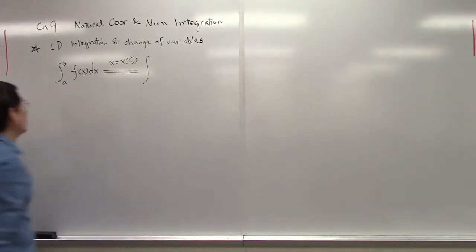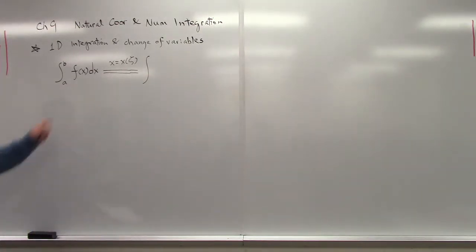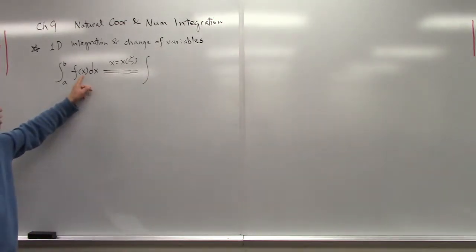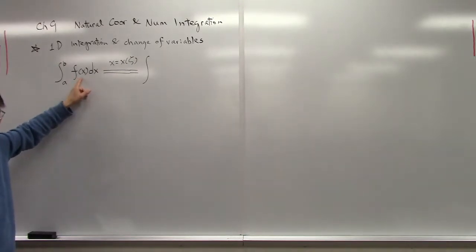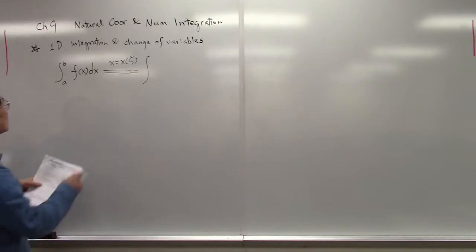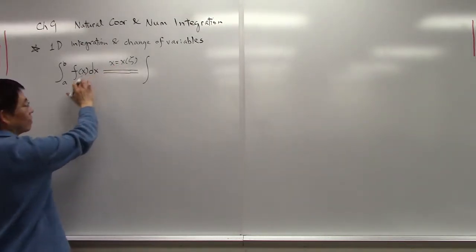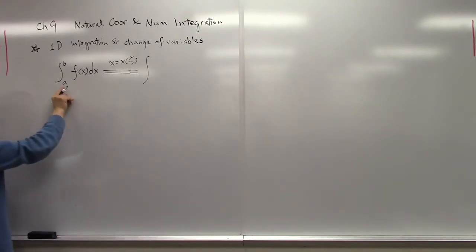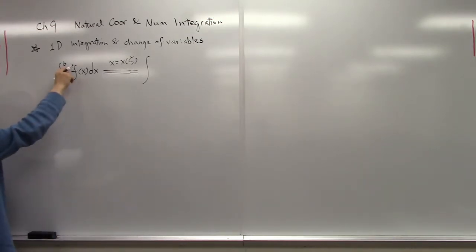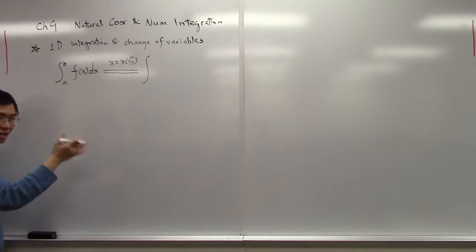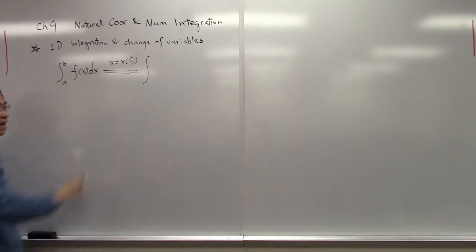And then what we will do is substitute x as a function of theta in that expression, but we need to do something else accordingly. In addition to substituting this in here, we also need to make sure the limits for integration are changed accordingly, and also this dx needs to be changed accordingly.